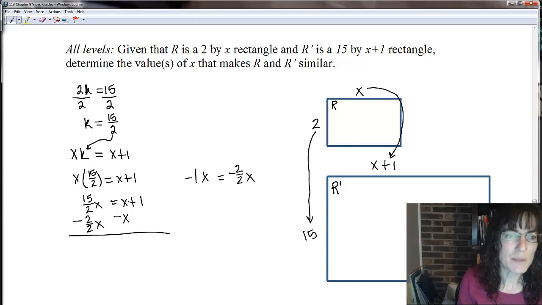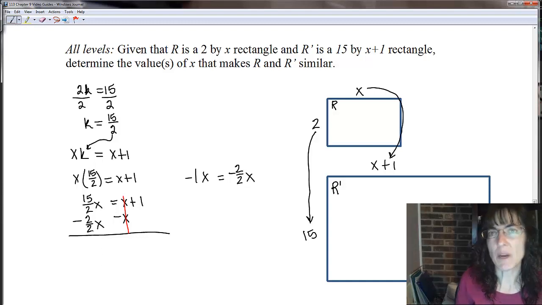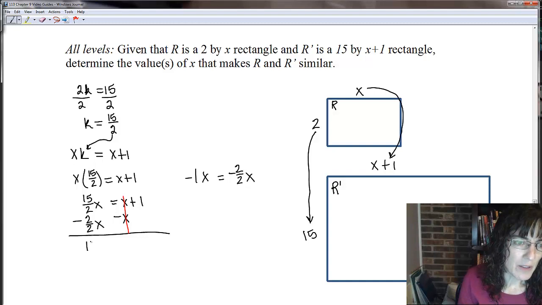So when I do these subtractions, that X minus X is going to give me 0, and the 15 halves and the negative 2 halves I will have to combine, so it's 15 minus 2 because they're both over 2, and so I get 13 halves X equals 1.